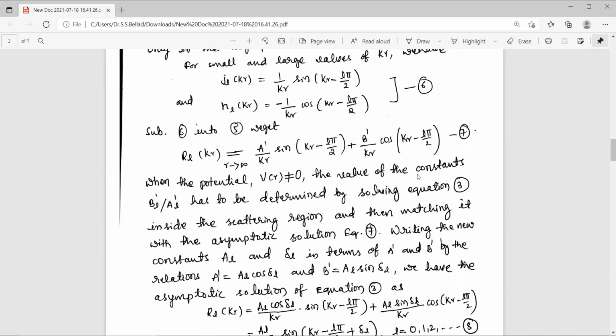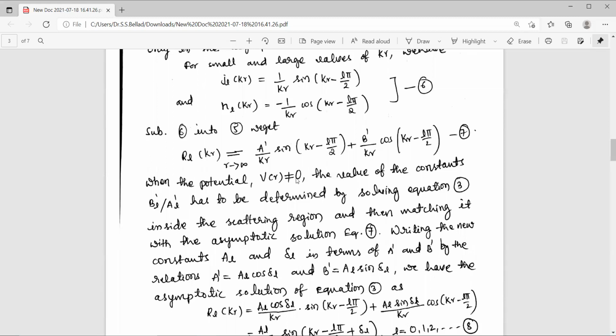When the potential V of r is not equal to 0, that means the incoming particle is within the sphere of potential. The incoming particle is within the sphere of potential, and that means the particle will definitely interact with the target particle.